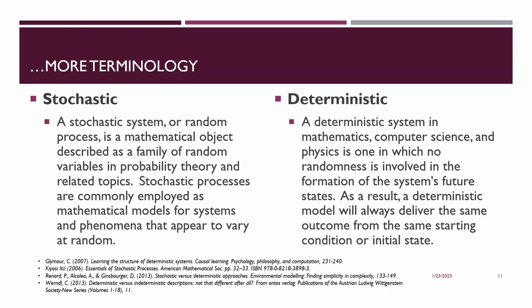A stochastic, and again, this can apply to any modeling and simulation or simulation architecture, a stochastic architecture, or an architecture that is rooted in a stochastic process, leverages a random process. And deterministic is a system that is just like it sounds.